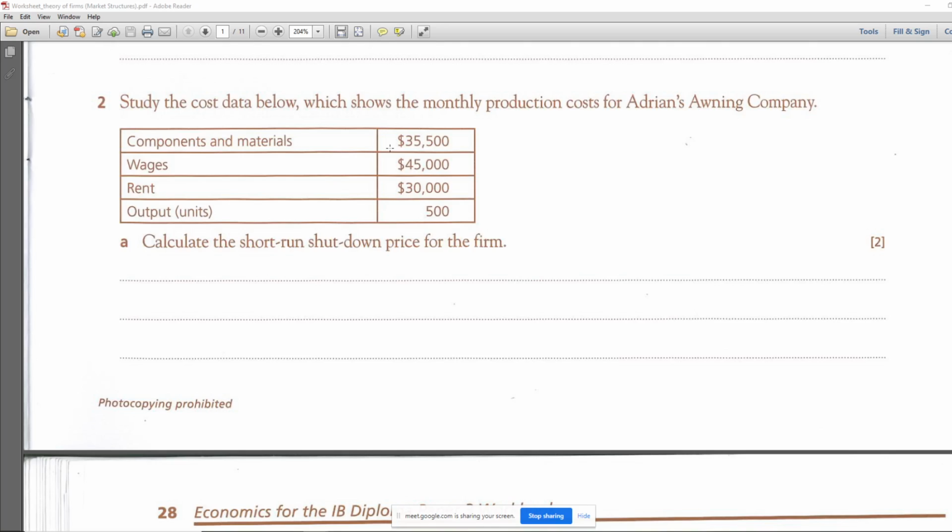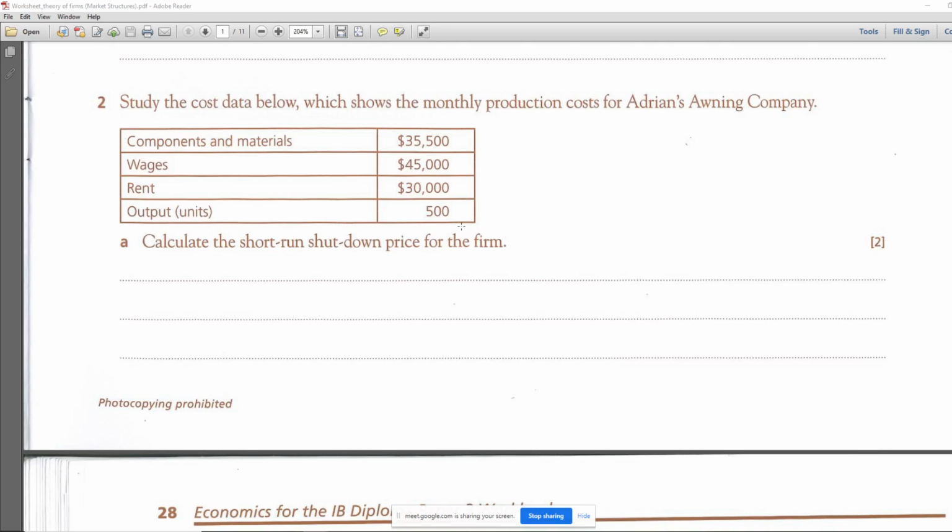So the wages here are the wages for labor. Putting this number and this number together, we are able to find the total variable cost, which is 80,500.